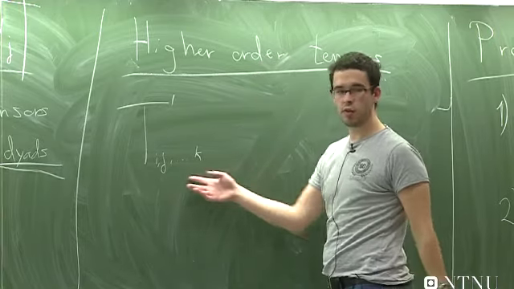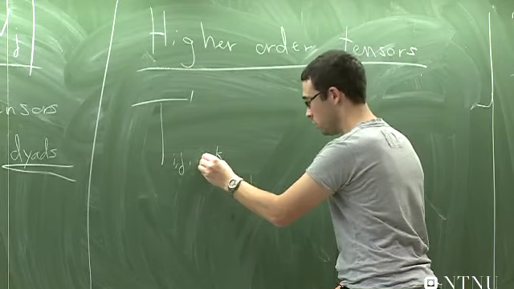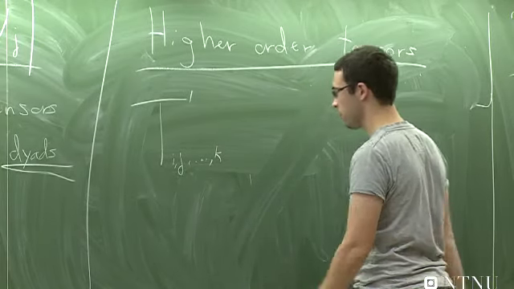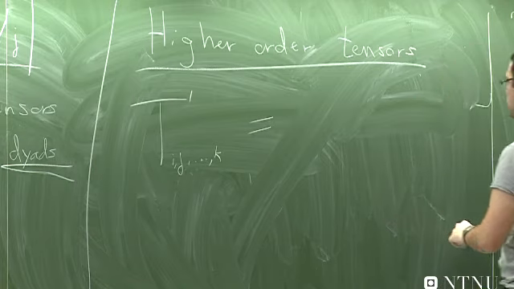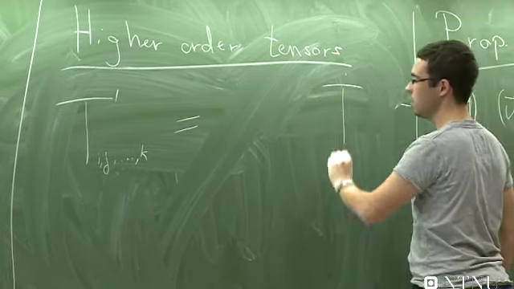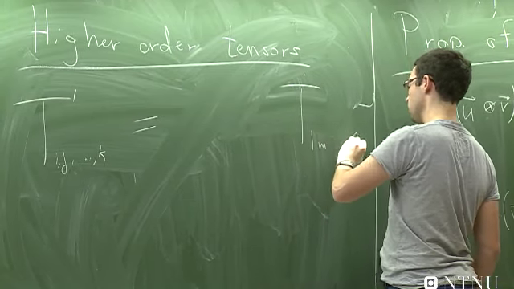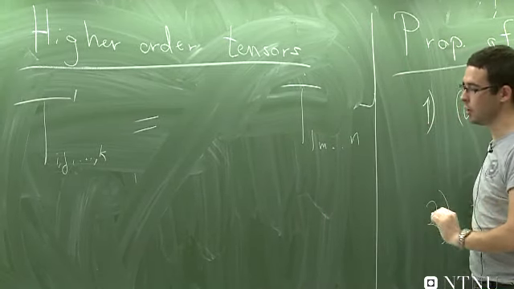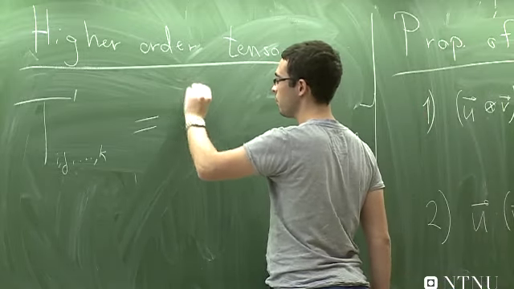So I have any number of indices on this tensor, as you see with that dot, dot, dot here. And then I simply relate this to some tensor T, L, M, several others, and then finally N by taking the partial derivatives.